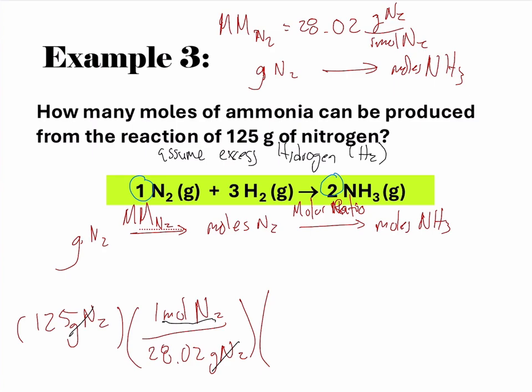So that's our molar ratio. We have 1 mole N2 for every 2 moles NH3. Now the units of moles of N2 cancel out, and we're left with what we want to solve for at the end. All right, when you plug that all in, what do you get for your answer?